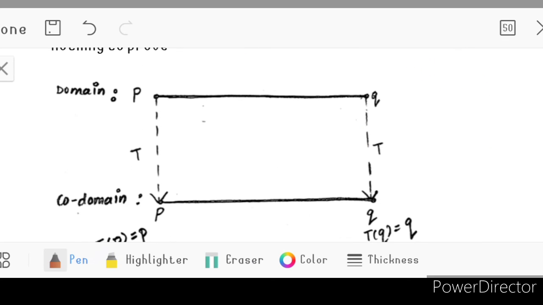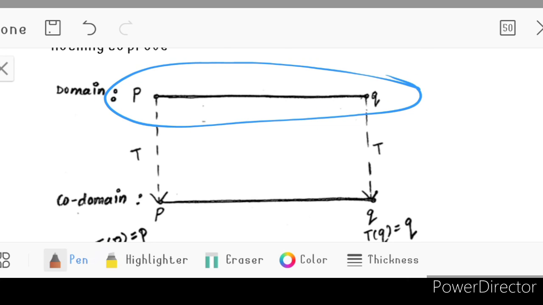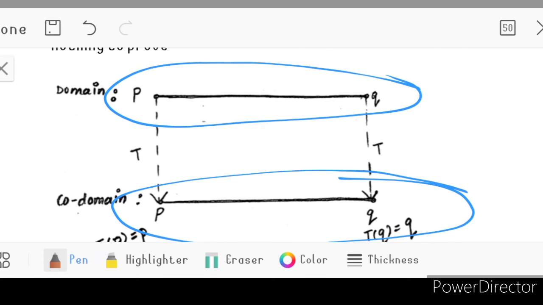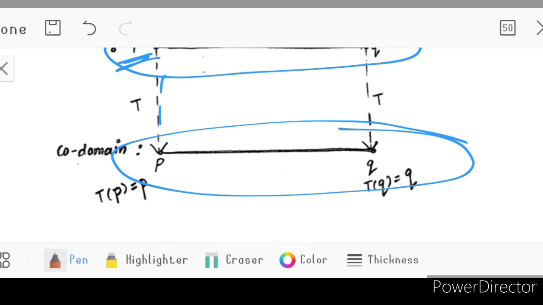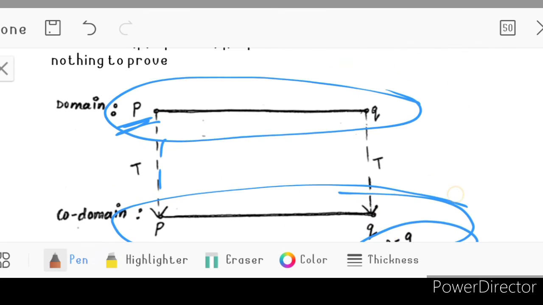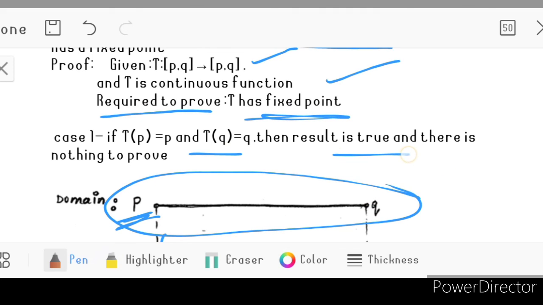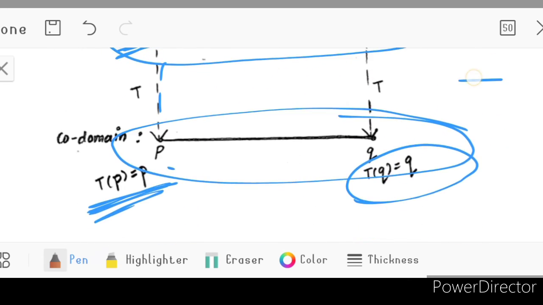Let us say this is the domain and this is the codomain, and from here to here our mapping is T. Let us say in the first case that this P, if we transform it, will have the same image P. So T of P is P and T of Q is Q. If this is the case, then the result is true, because if T of P equals P, then P is a fixed point, or if T of Q equals Q, then it is also a fixed point, and this is what we have to prove, that T has a fixed point. Then there is nothing to prove.